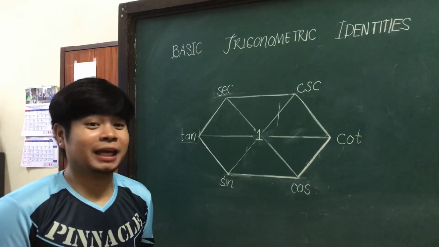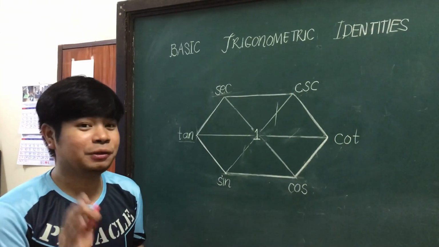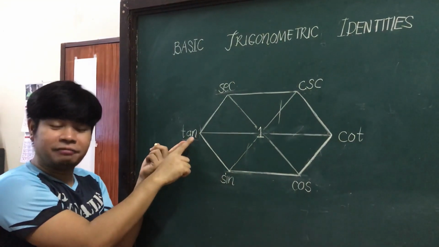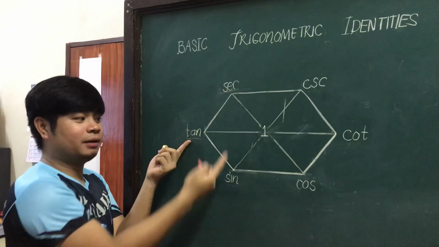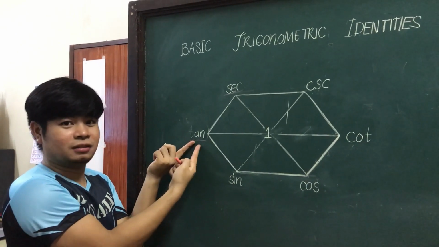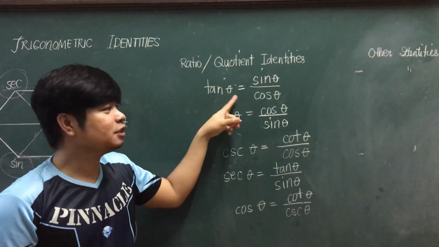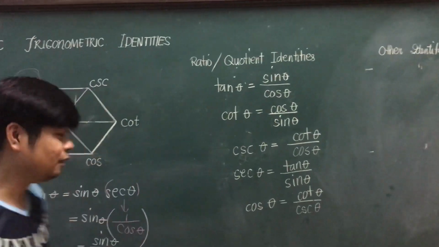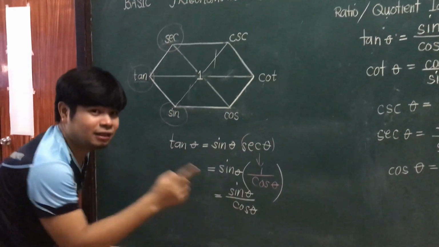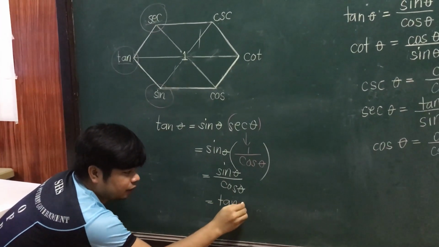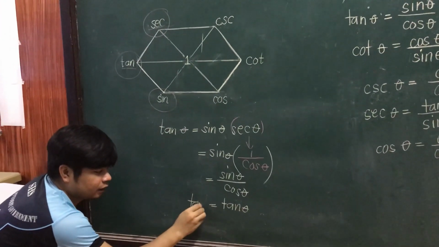Do you know that we can also find other identities after observing that for these two adjacent sides of a function, their product is this function? And through the quotient identity, we know that tangent theta is equal to sine theta over cosine theta. So we can just change sine theta over cosine theta here into tangent theta. And here we can observe they are the same.